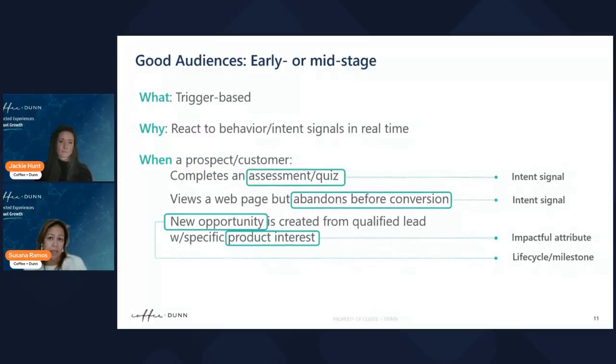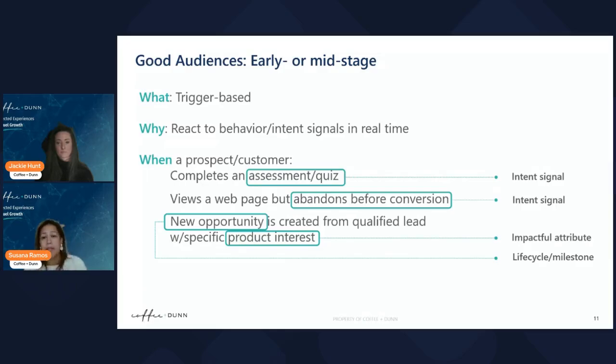In some cases, we have clients who will capture that interest at the initial form because it's a specific download, or it's a specific field that's capturing that interest. In other cases, your sales team may be getting involved early, and they don't necessarily create that opportunity until contact has been made, at which point they may have captured the product interest as well. So there are a few different ways that you can capture it.